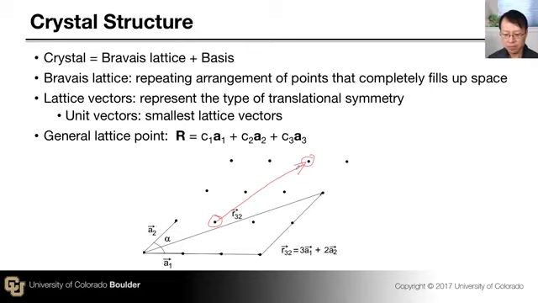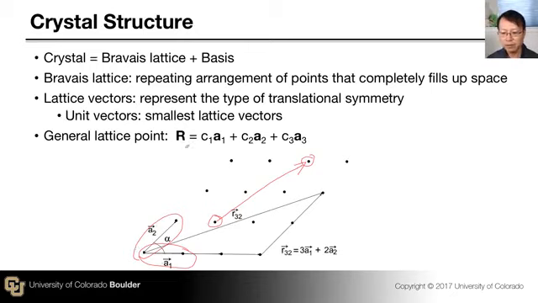So in this example here, there are two unit vectors, A1 and A2. We have two unit vectors because this example is a 2D Bravais lattice. If you have a 3D lattice, then you would have three independent unit vectors. Once you identify unit vector, you can represent any arbitrary lattice point by simply a linear combination of these unit vectors.